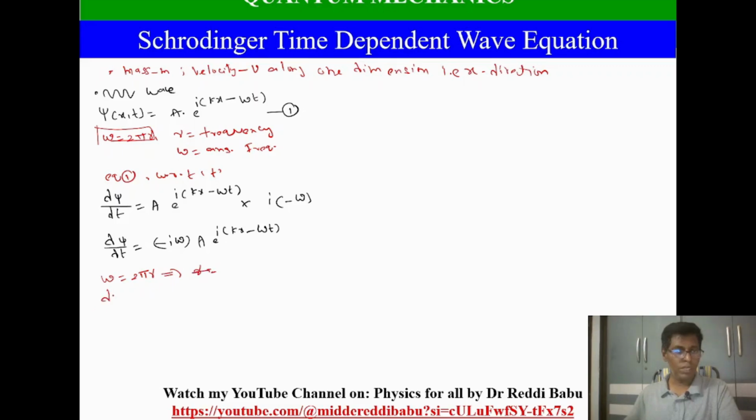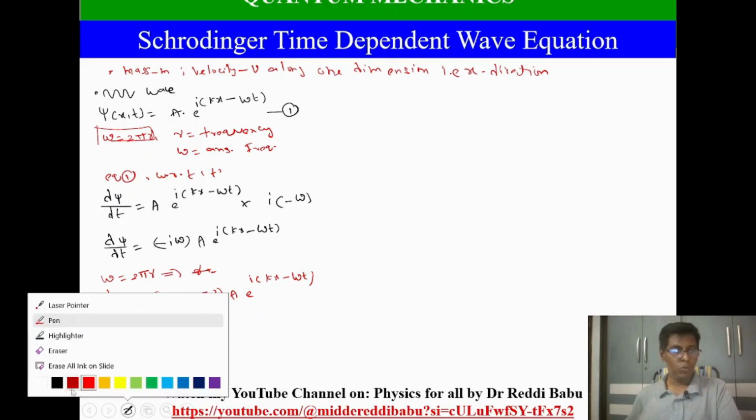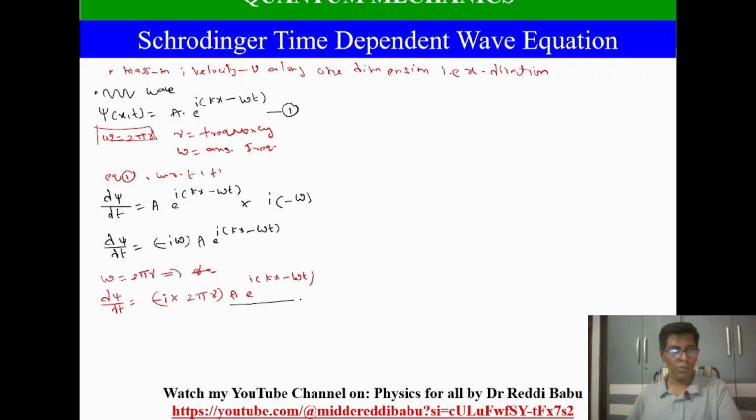Left hand side is d psi by dt is equal to minus i into 2 pi nu, remaining as it is, A e power i into (kx minus omega t). In place of this entire expression A e power i (kx minus omega t), I use equation number 1.